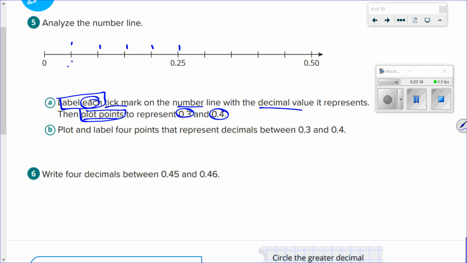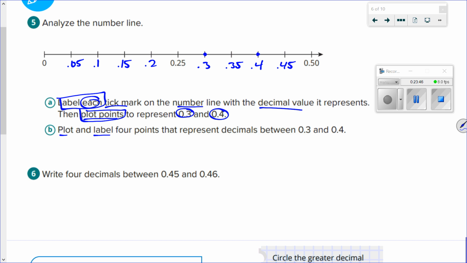So each mark is 5/100. 1/10, 15/100, 2/10, 3/10, 35/100, 4/10, 45/100. Now we have them all marked. Now I need to plot the 2 points, 3/10. So that one's going to go right on the number line here. And 4/10. That one's going to go right on the number line here.